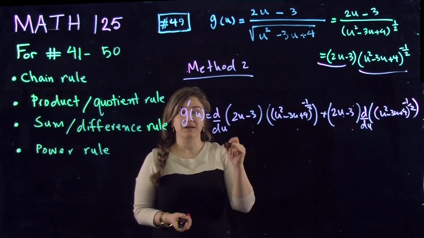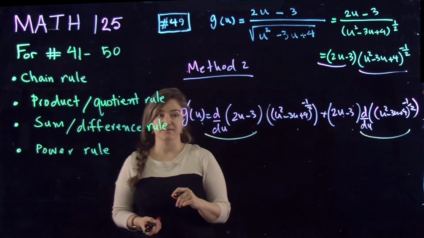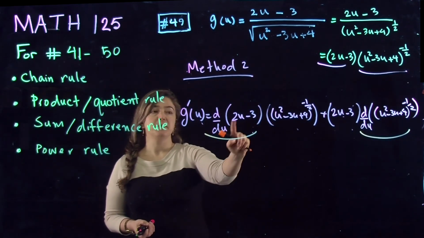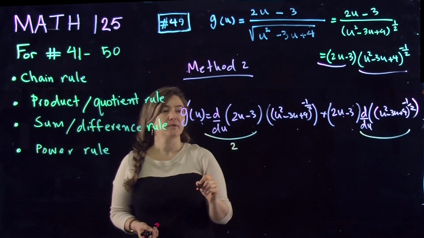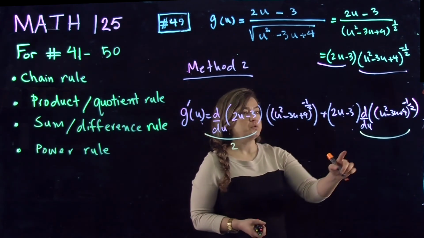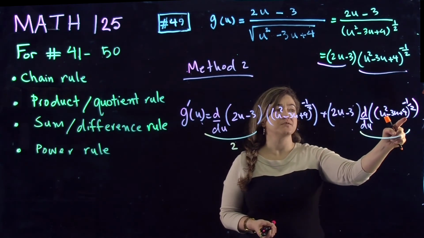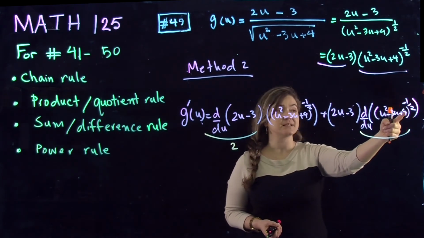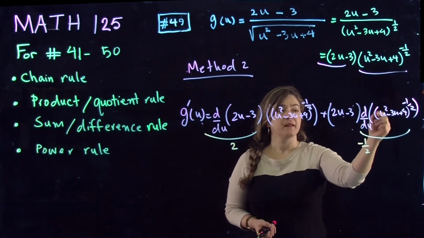The next step is to replace everywhere that you see derivative by its value. Derivative with respect to u of 2u minus 3 is going to be 2. Derivative with respect to u of u squared minus 3u plus 4 to power negative 1/2 is a chain rule. Negative 1/2 comes down.